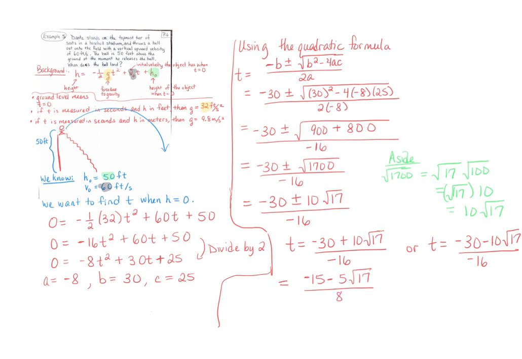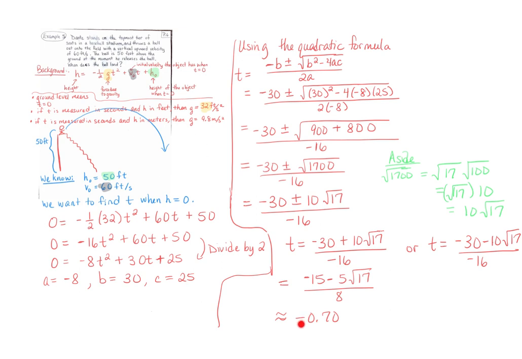Okay? Then here, if you enter this into your calculators, be careful with the way you enter it. Wavy equals means approximately negative 0.70. But in terms of what we're looking for, it says when does the ball land?